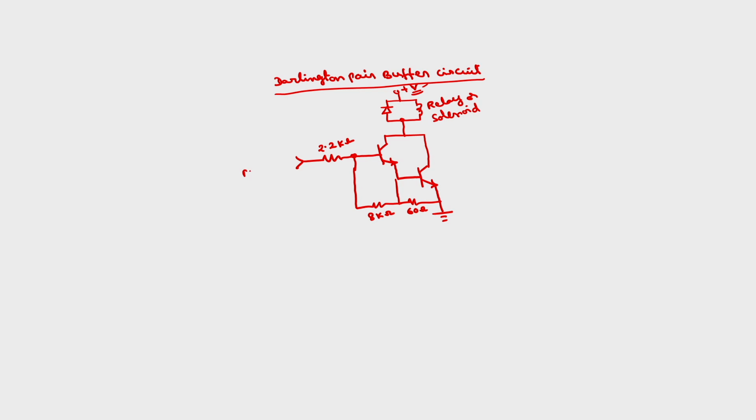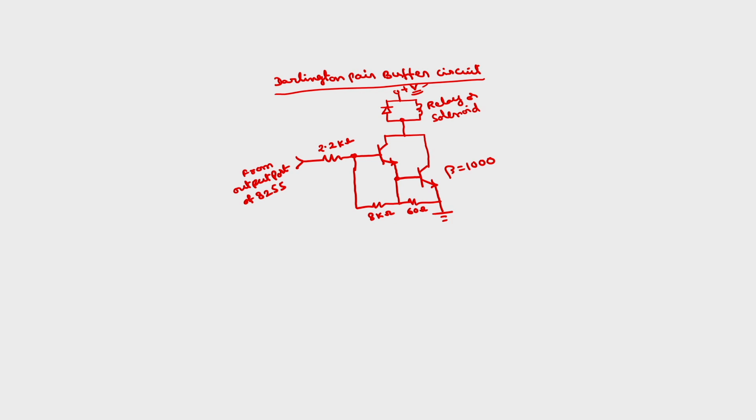This you have to take from the output port of 8255. Using this configuration, which is called the Darlington configuration, we can obtain a beta value of 1000, and thereby the current capacity is also more.